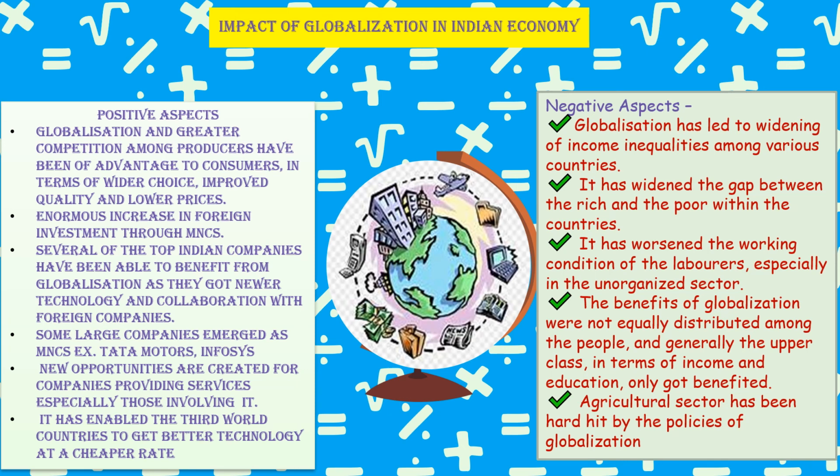It has also worsened the working condition of laborers, especially in the unorganized sector. The benefit of globalization was not equally distributed among the people, and generally the upper class in terms of income and education only got the benefit. The agriculture sector has been really affected by the policies of globalization.